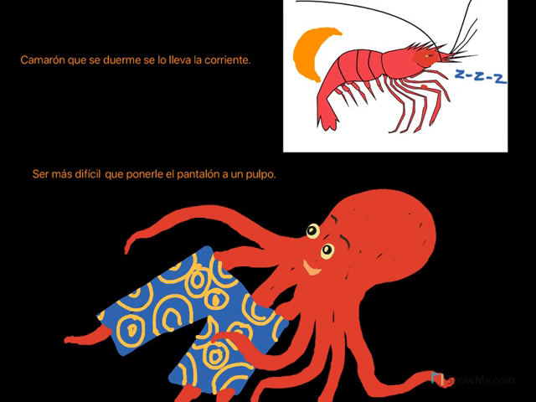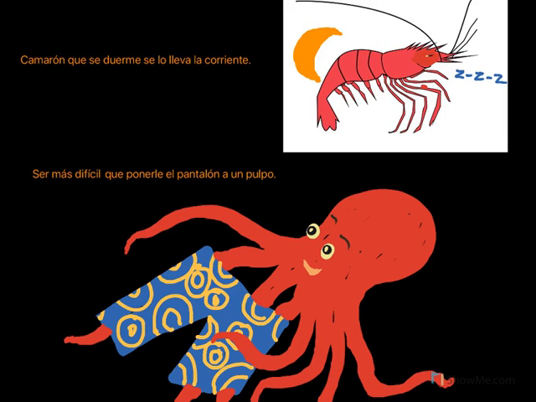We have here the expression camarón que se duerme se lo lleva la corriente, which means that shrimp that falls asleep is swept away by the current, which means that you cannot rest on your laurels, or that laziness or the sloth is the worst policy, and making an effort would be a good idea, like for example learning the verbs saber and conocer. So, camarón que se duerme se lo lleva la corriente.